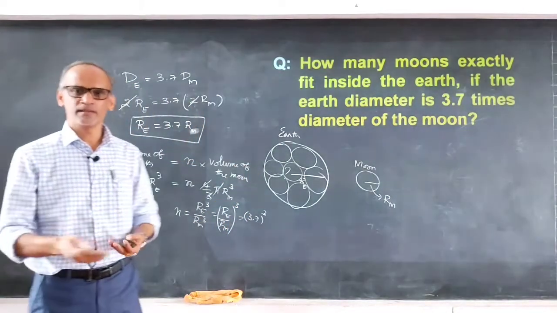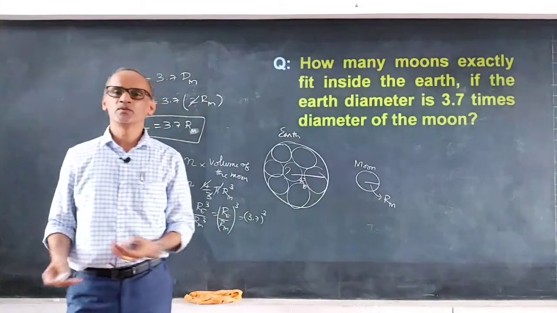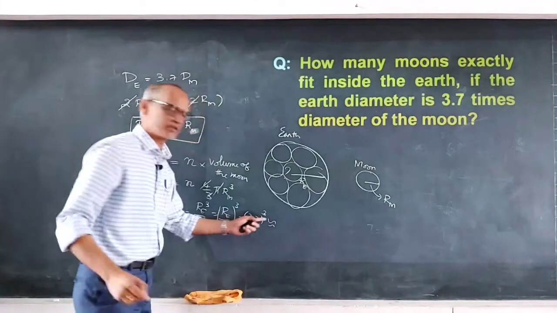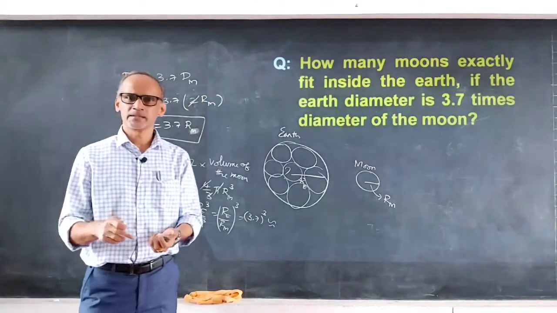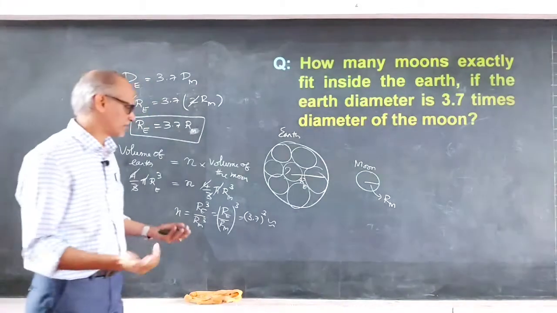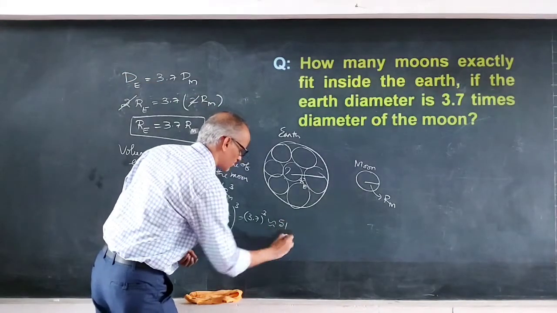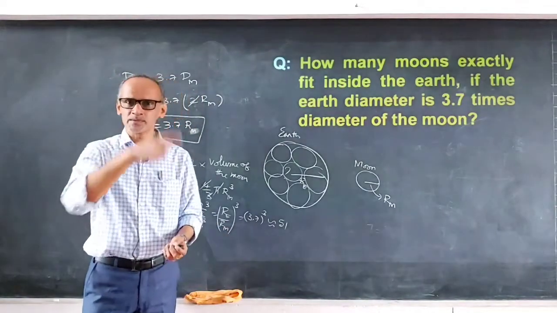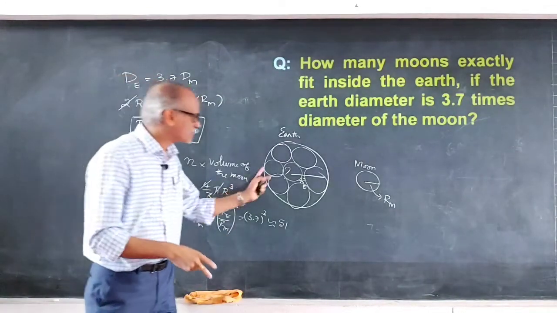And if you make use of the calculator, 3.7 cubed, you'll get an answer nearly, okay. How to find cube? Calculator. Multiply 3.7 three times, you'll get about 50.7, which I'm going to round to 51. That means almost 51 moons can be placed inside the Earth.